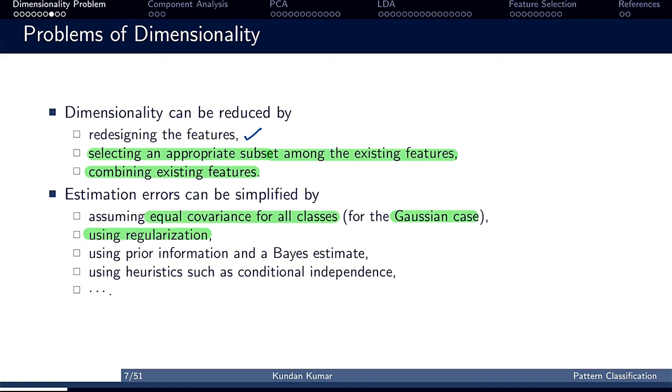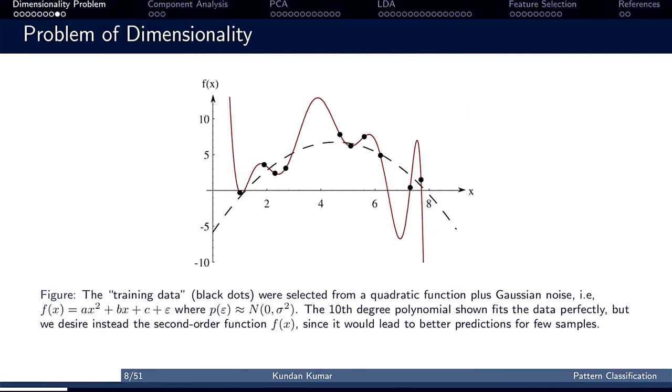Then we can consider prior information and a Bayes estimate to estimate the distribution of the feature vectors, and we can use some heuristic such as conditional independence, that the two classes are conditionally independent. In that way the estimation can be simplified.